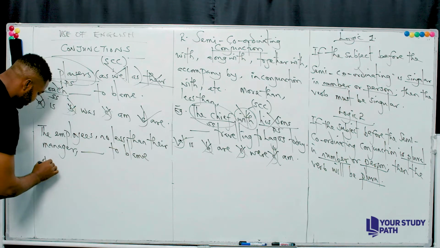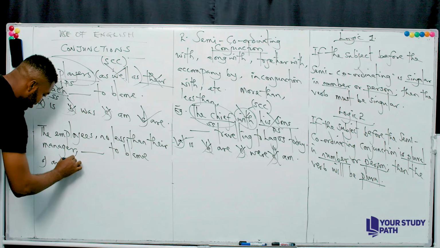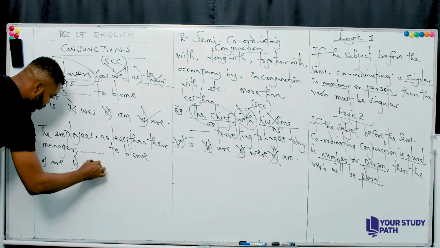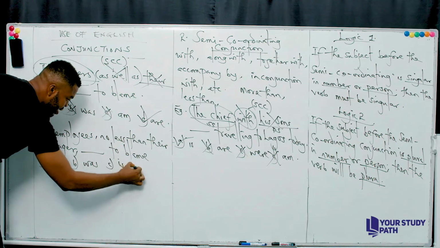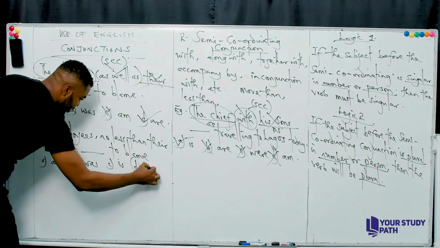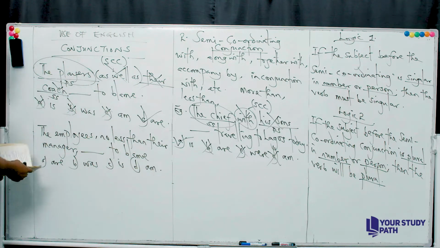Option letter A, A-R-E, R. Option letter B, was. Option letter C, is. Option letter D, am. So please answer this for me.